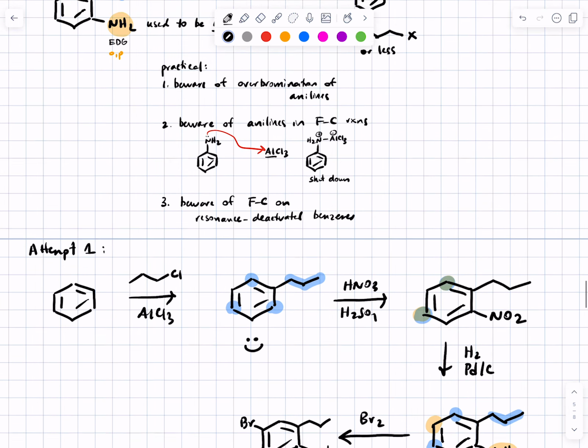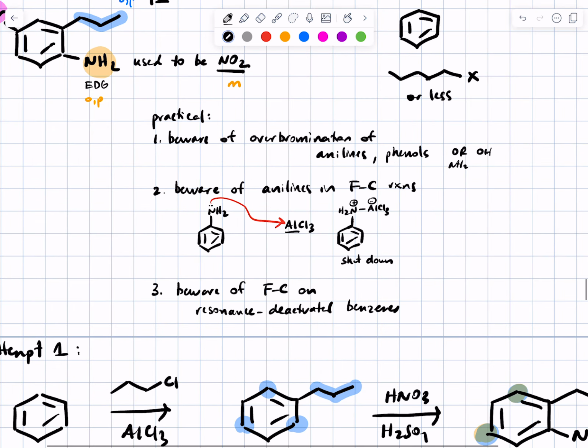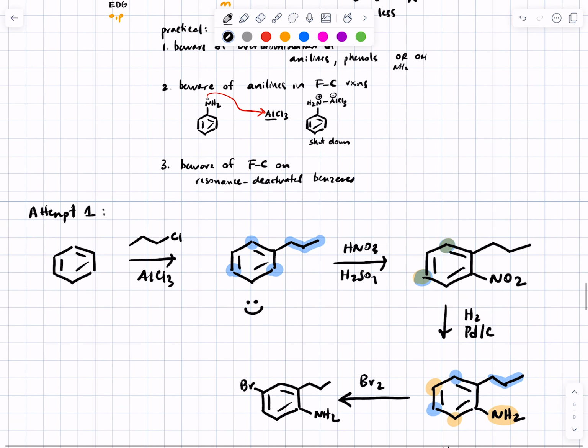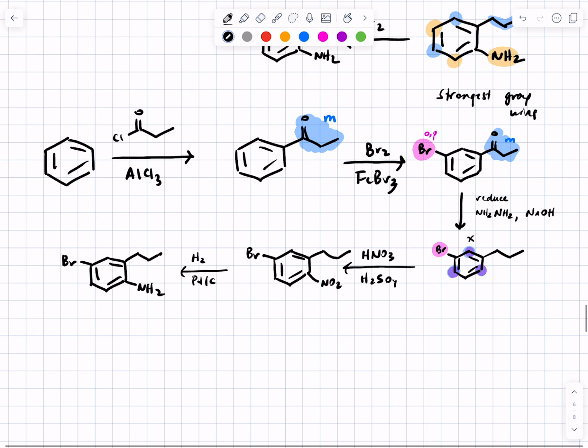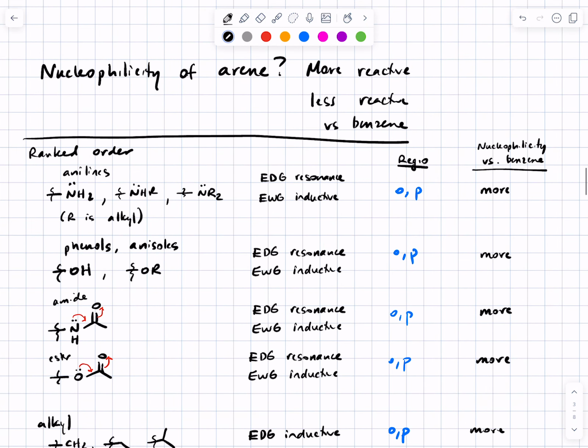The book said overbromination is a problem with anilines and phenols when you have OR, OH, NH2, and so on. Right. So yeah, it's only a problem if you have this category of groups on the ring. The anilines or the phenols or anisols, not for the amides or the esters, because these are tuned down in reactivity relative to the starting material, or relative to benzene.